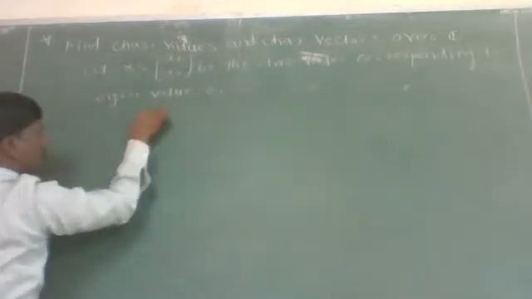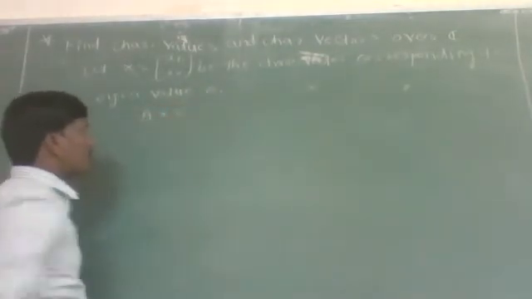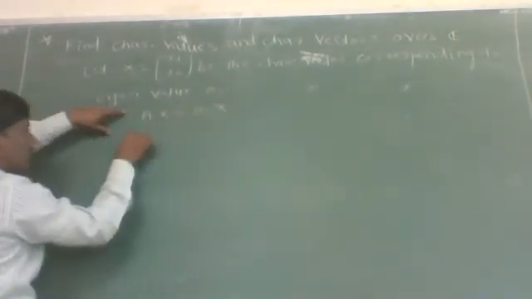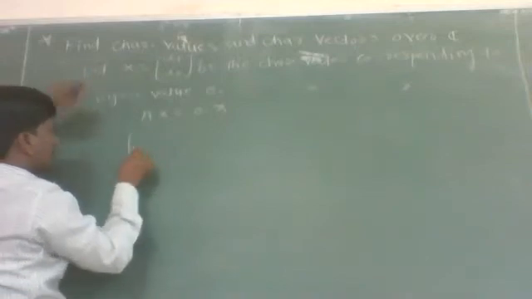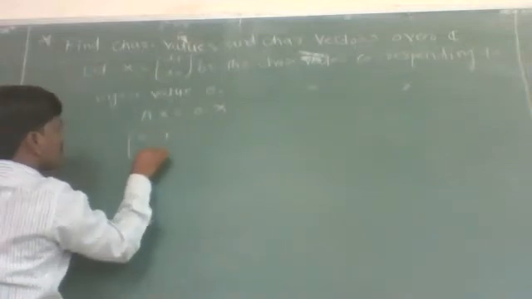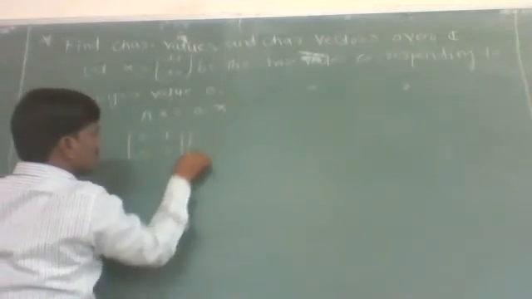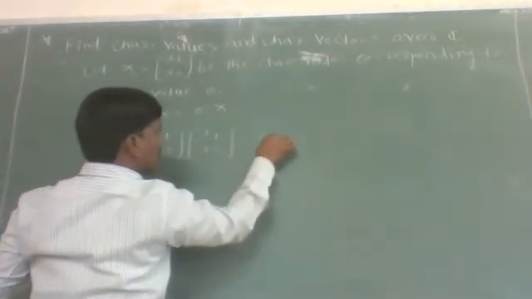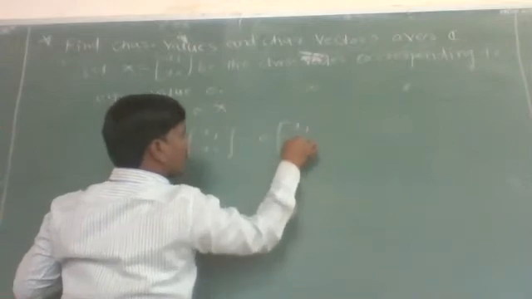So A of x is equal to c into x, and c is nothing but 0, so 0 into x. A is the matrix 0 1 0 0, X is x1 x2, which is equal to 0 into x1 x2.